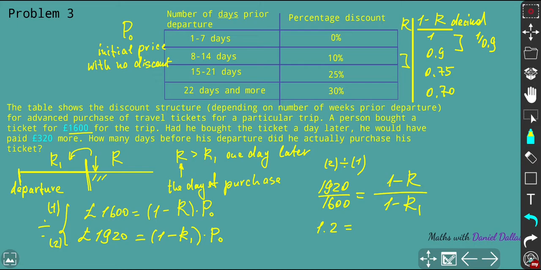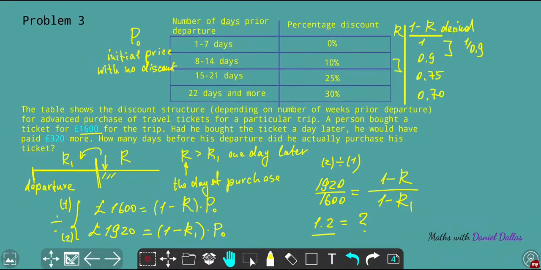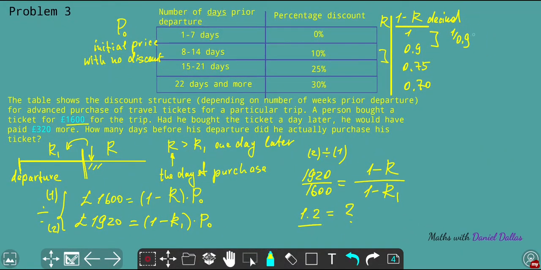The strategy is that we need to get exactly a 1.2 ratio between adjacent discount periods. So we divide 1 by 0.9. We get around 1.11 recurring. That's close to 1.2, but it's not actually.